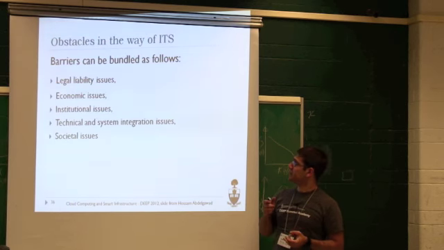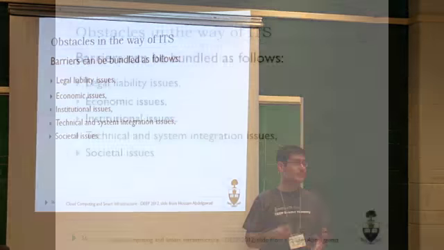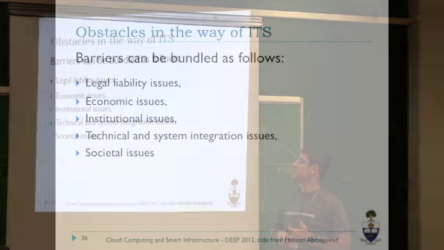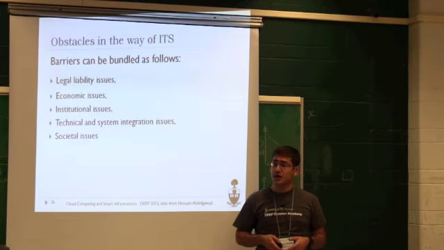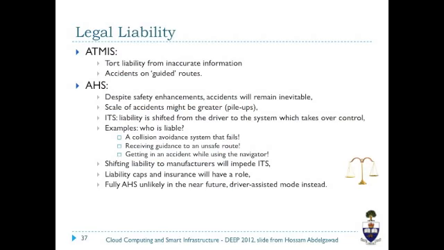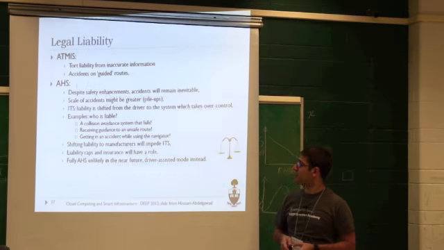Additional elements are economic issues. So there's a lot of investment needed for new infrastructure, institutional issues, technical and system integration issues, and societal issues. There's a lot of policy involved in order to take things in terms of technology to the next level.